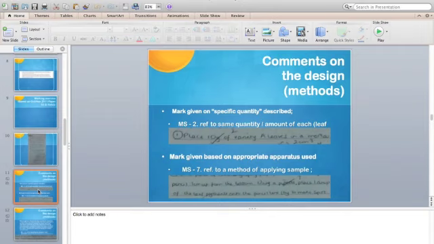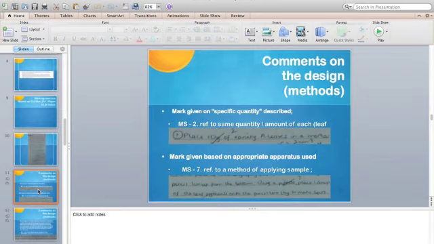Marks are also given based on the appropriate apparatus used. In the marking scheme, point number 7 says, with reference to a method of applying the sample, and the mark is given once the word pipette is used. So students cannot write in general terms without qualifying the right apparatus that should be used, otherwise they won't get the mark.